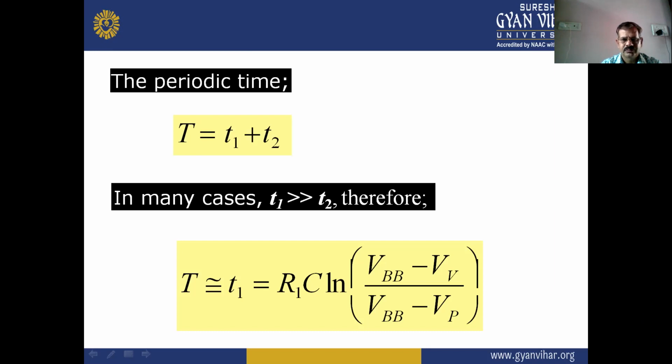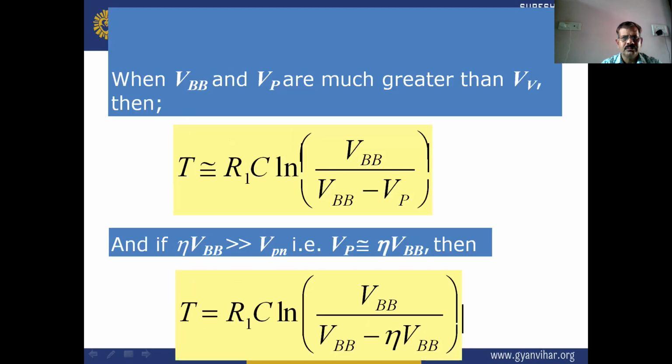Therefore, when base voltage and peak voltage are much greater than the valley voltage, then T equals R1 C natural log of base voltage upon base voltage minus peak voltage.